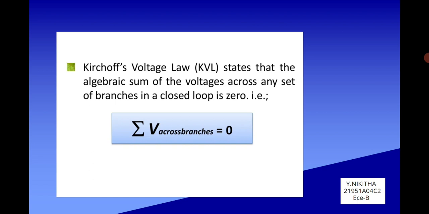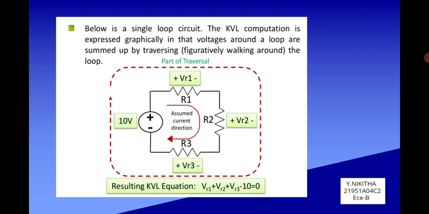Kirchhoff's voltage law states that the algebraic sum of the voltages across any set of branches in a closed loop is zero. That is, sigma V across branches is equal to 0. Below is a single loop circuit.